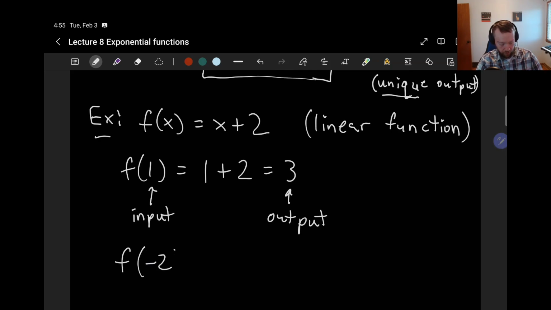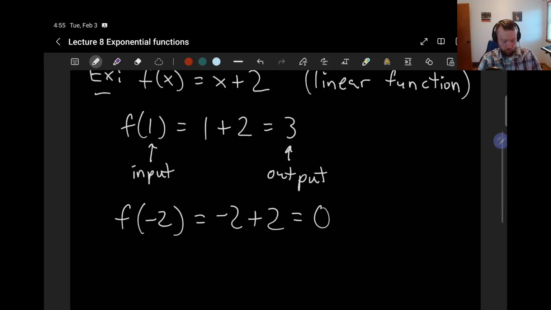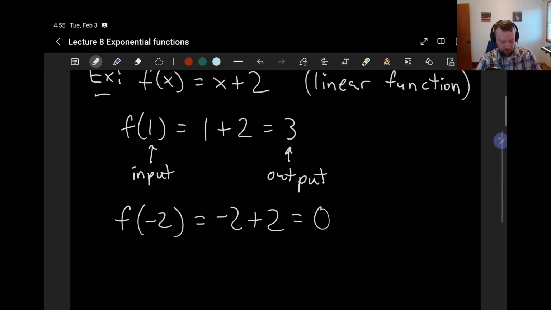Likewise, I could plug in negative 2. Well, then you add 2 to that to get your output, 0. So functions can be graphed, and the way it works is that every x, f of x pair is represented by a point on the graph.